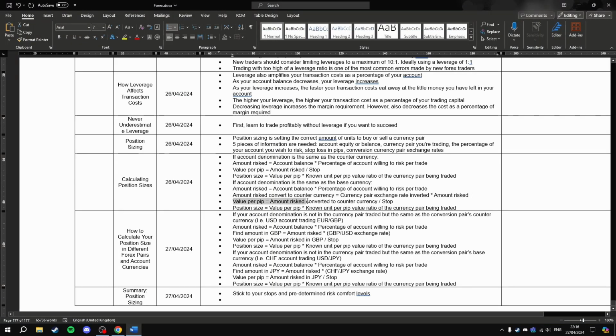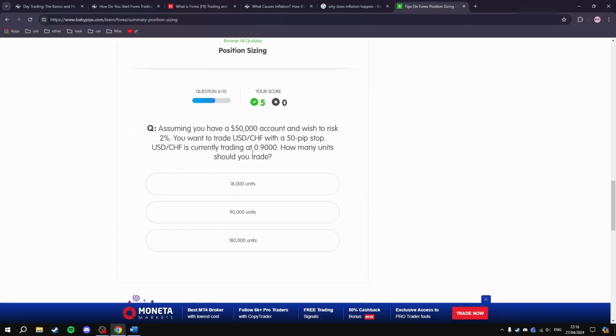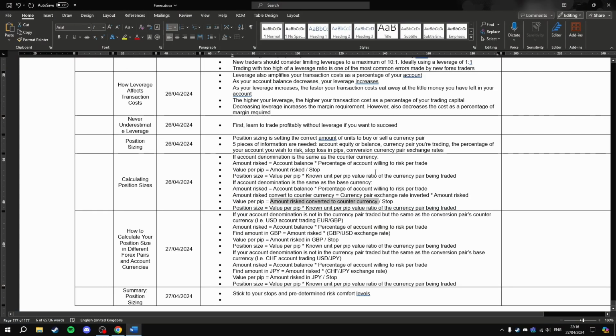Value per pip is 900 divided by 50. Let me just get my calculator out real quick. 900 divided by 50, that's 18.